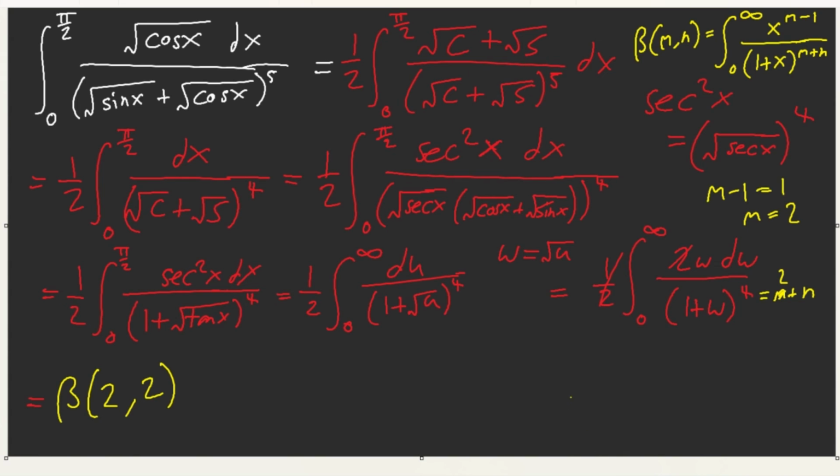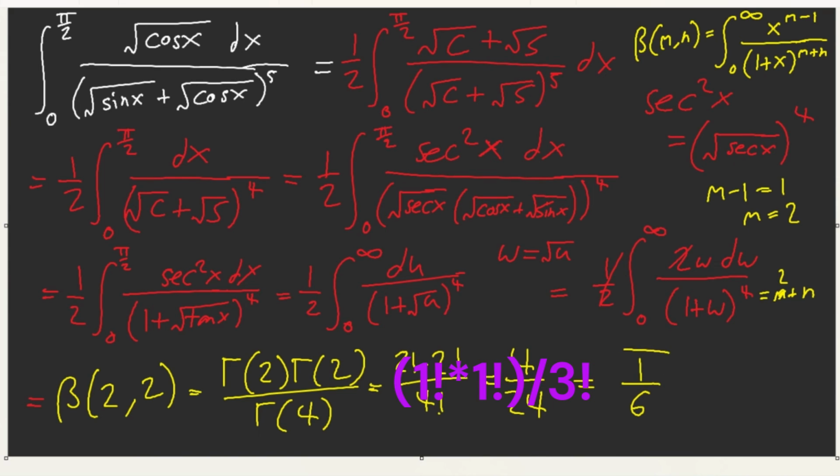So we have beta of 2 and 2, which means gamma 2, gamma 2, over gamma of 2 plus 2. The answer for our integral is 1 over 6.